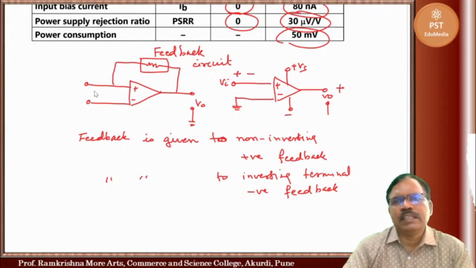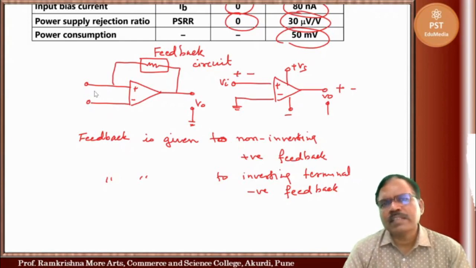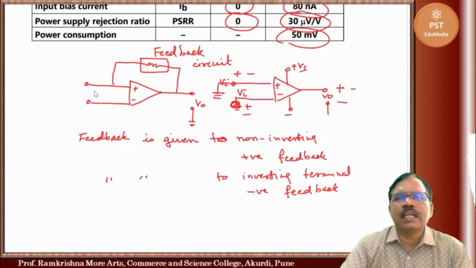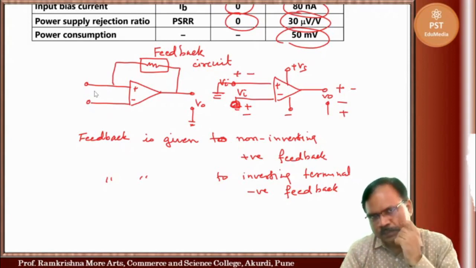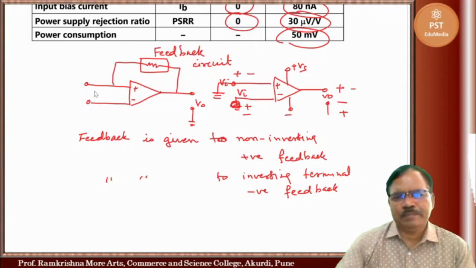If input is negative, output is negative. So the input and output have the same sign. That is called non-inverting. But suppose we connect this terminal to ground and apply input voltage here. If input is positive, output is negative. If input is negative, output is positive. So the signal is inverted. That's why it is called the inverting terminal.